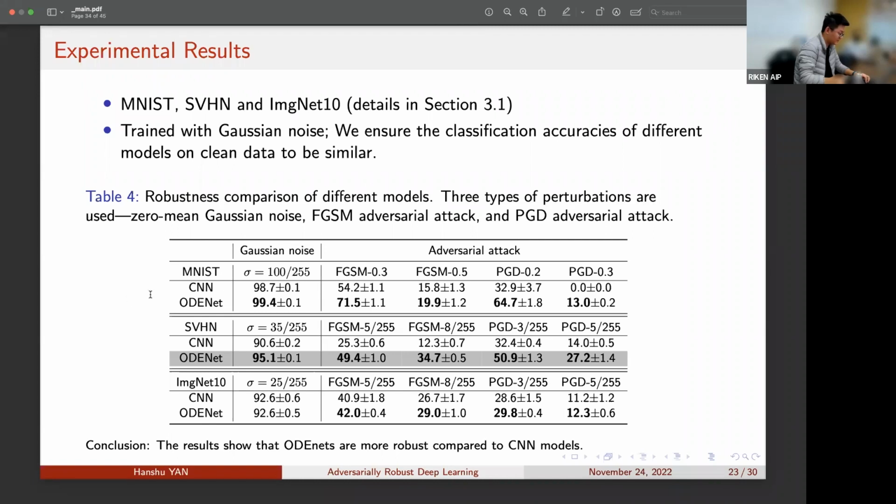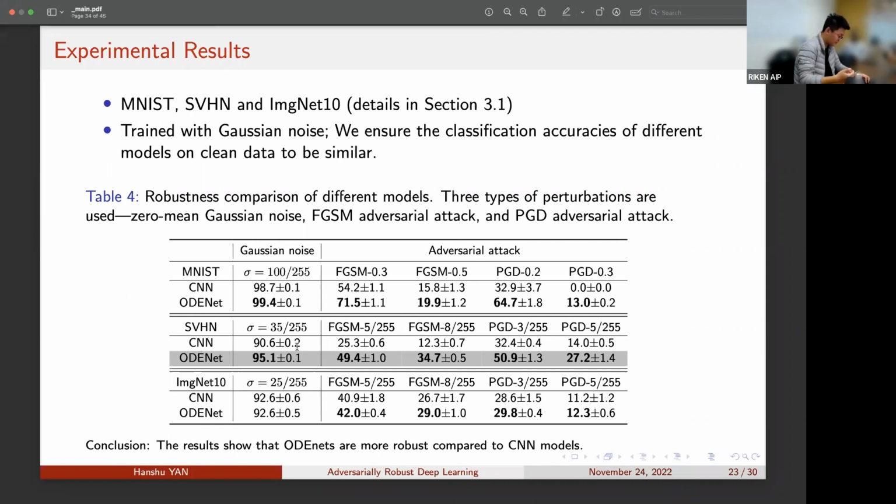And we evaluate the classifiers against different kinds of perturbation, including the very simple, friendly Gaussian noise and of course the adversarial attack.